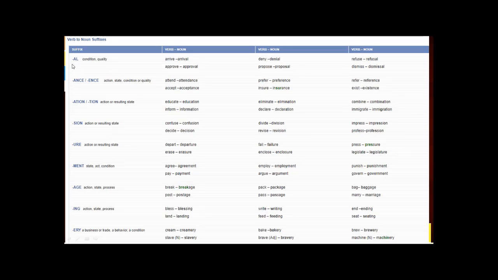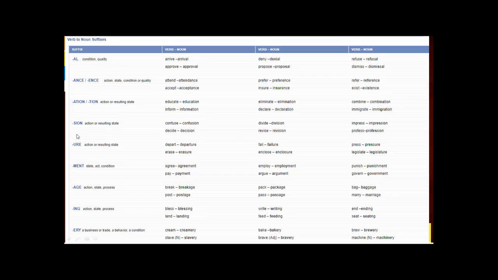Examples of the suffixes are AL, ANCE or ENCE, which tells about an action, a state, a condition, or a quality. The ATION or the TION generally tells about an action or a resulting state.